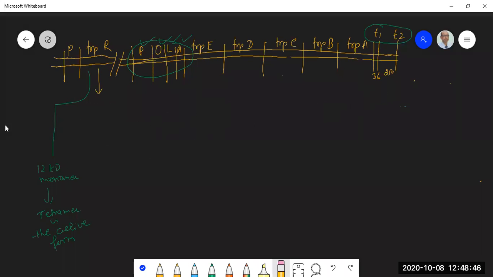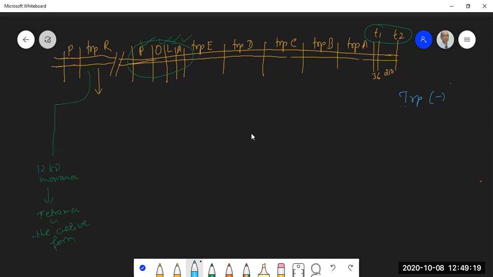So when tryptophan is not there, let's say tryptophan is absent. As I told you, tryptophan being an essential amino acid, bacteria needs to synthesize it, and nature has provided the necessary machinery, the necessary enzymatic setup, so that bacteria can synthesize tryptophan endogenously.